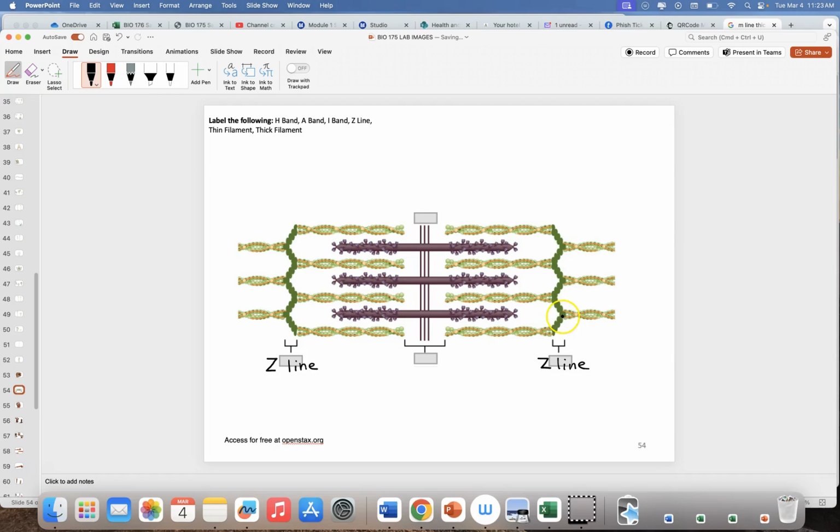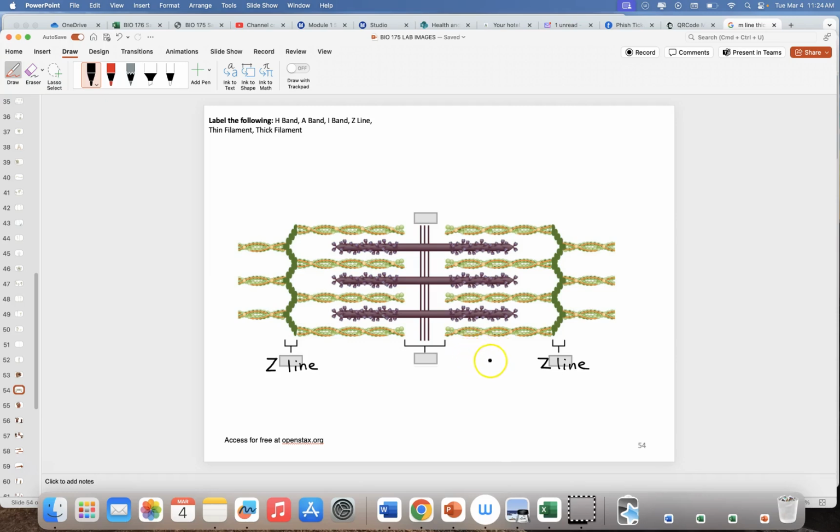And this marks the end of one sarcomere. Again, they are going to repeat. So there'll be another one coming next and another one coming next and so forth. Right now we're just focusing on this one, and the borders are going to be these Z lines.